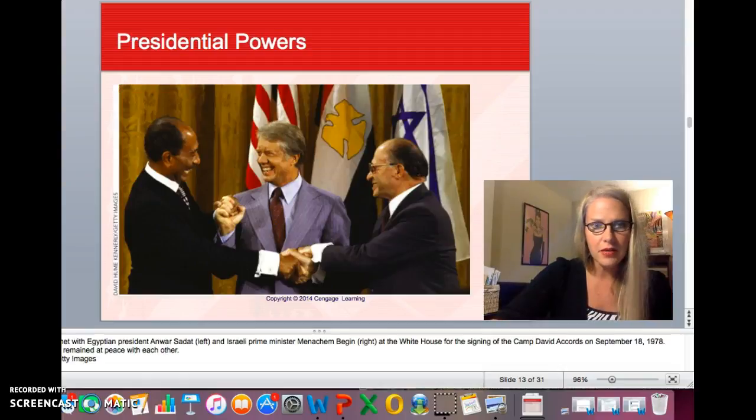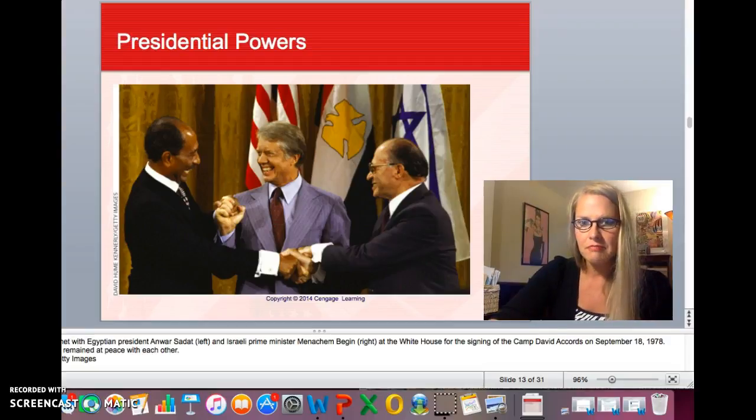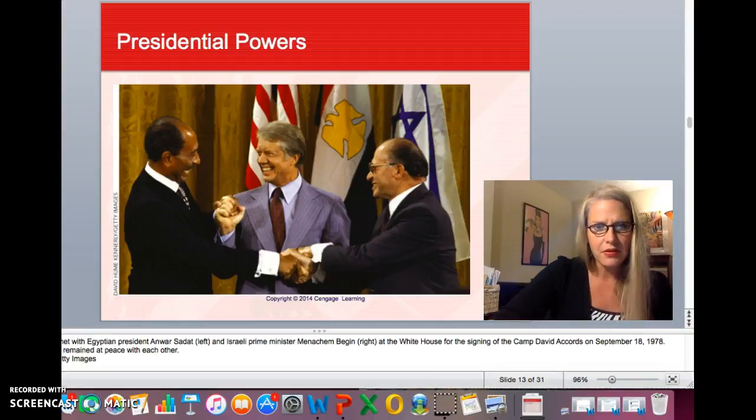All right, let's keep going. All right, presidential powers. Jimmy Carter met with Egyptian President Anwar Sadat and Israeli Prime Minister Menachem Begin at the White House for the signing of the Camp David Accords in September. Egypt and Israel have remained at peace with each other.